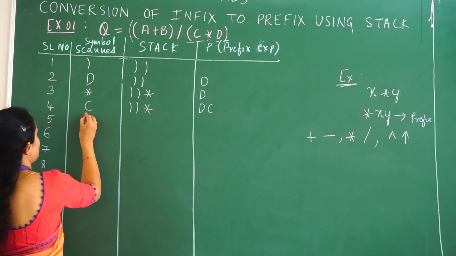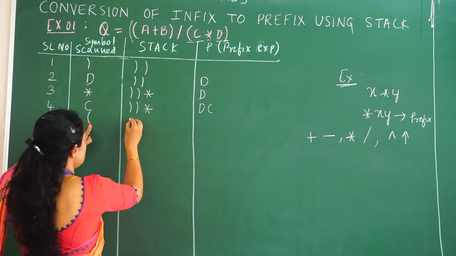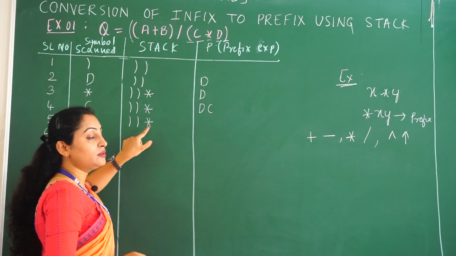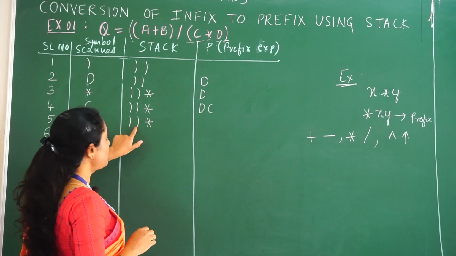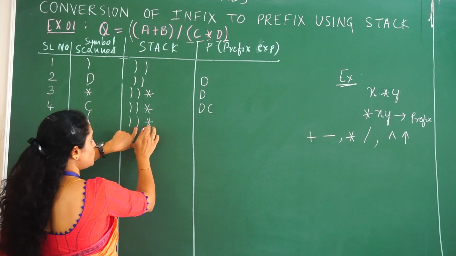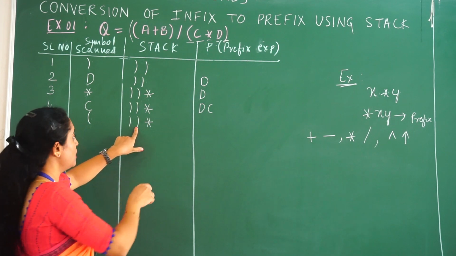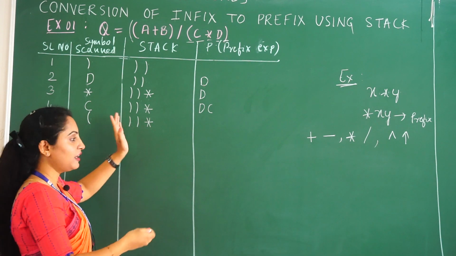left parenthesis. Okay. So whenever the left parenthesis is encountered, we have to pop out all the top elements of the stack until the right parenthesis is encountered. So this is exactly the opposite of the postfix conversion. In postfix, when a right parenthesis is encountered, we used to pop until the left parenthesis.